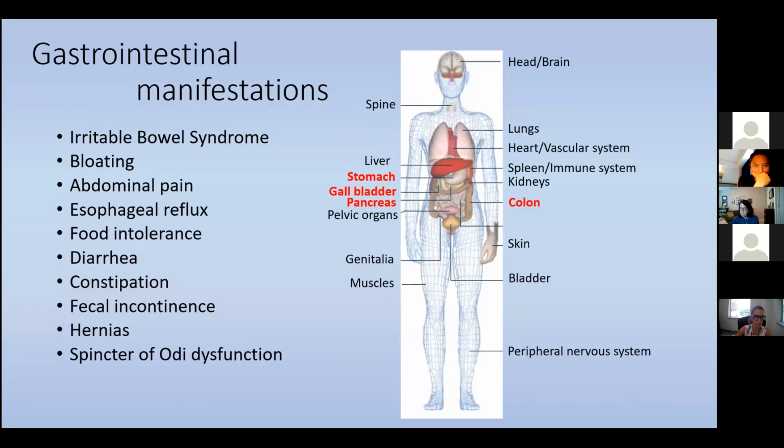Recognizing that there's a significant overlap with autonomic dysfunction with the GI manifestations and also potentially with mast cell activation.